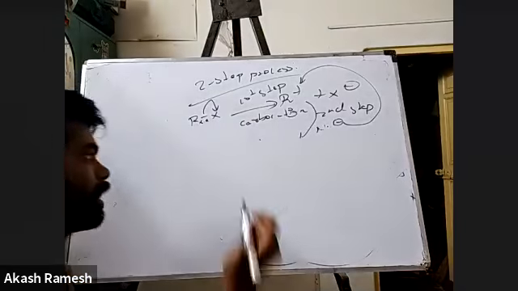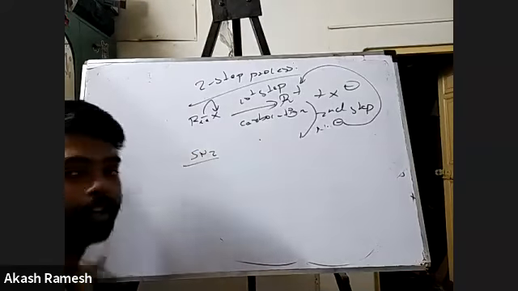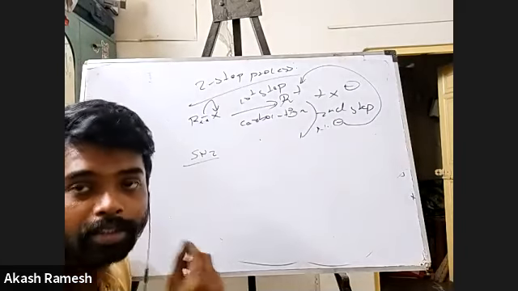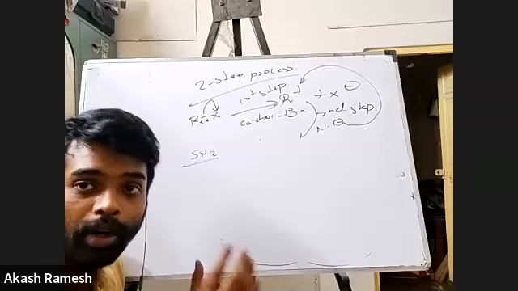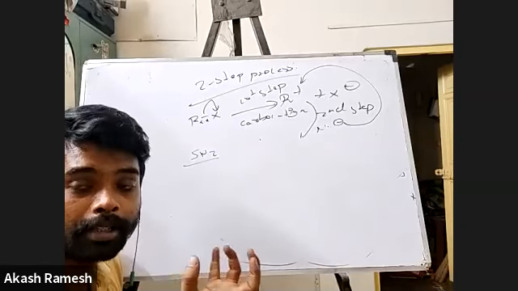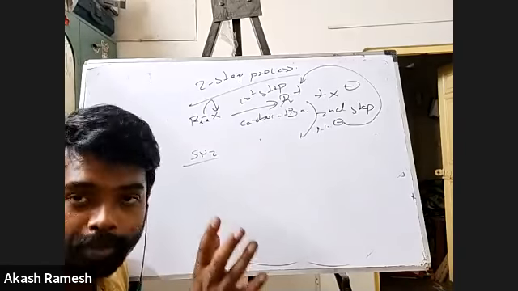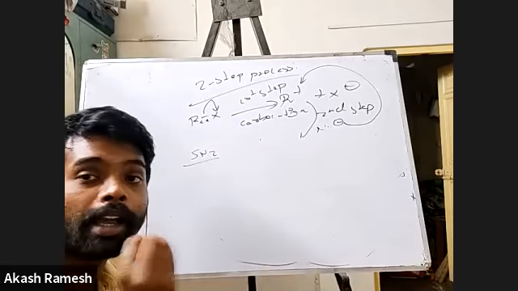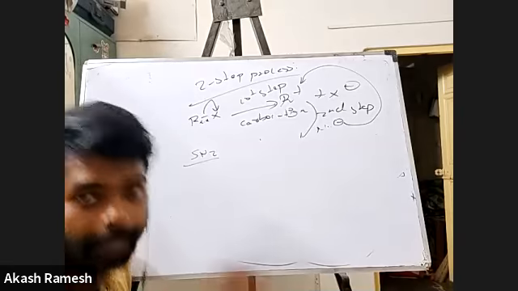Okay, consider SN2. First we'll take SN2. Now assume that the RX, which we write, is chiral. We know what chiral is. Chiral means all the four groups attached to the carbon atom are different. That is what is meant by a chiral center or chiral carbon atom.